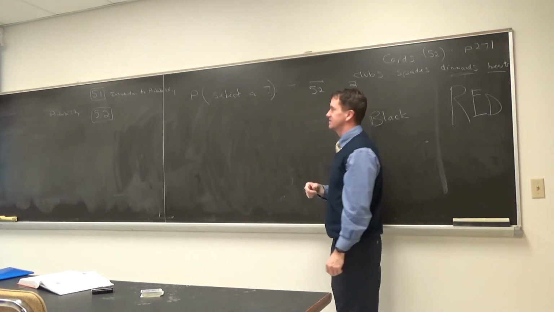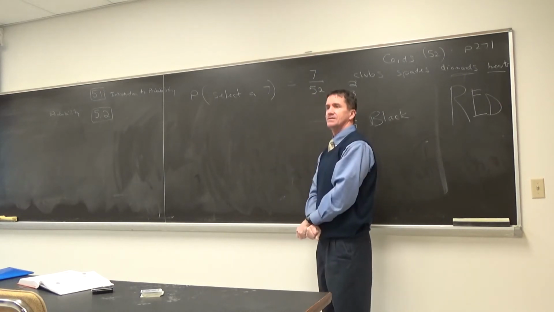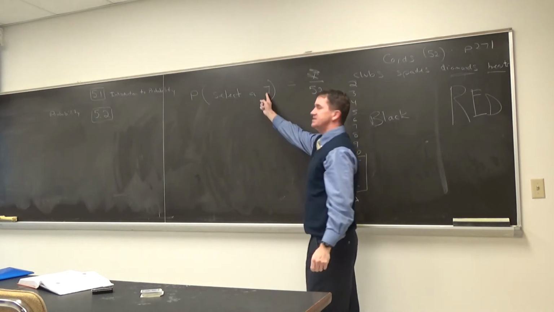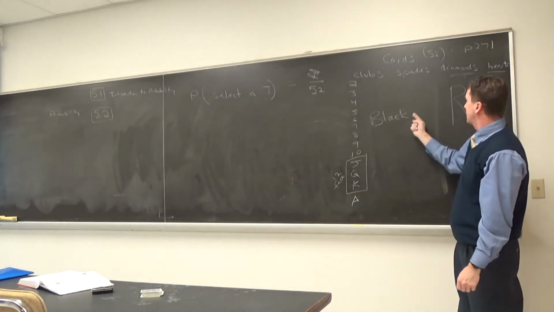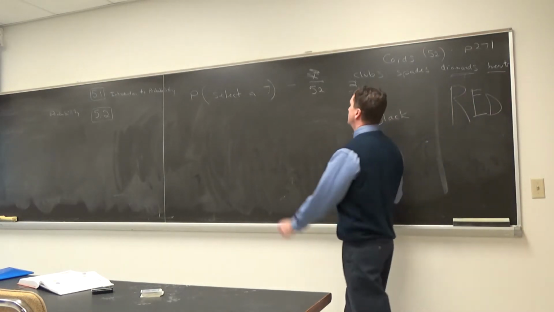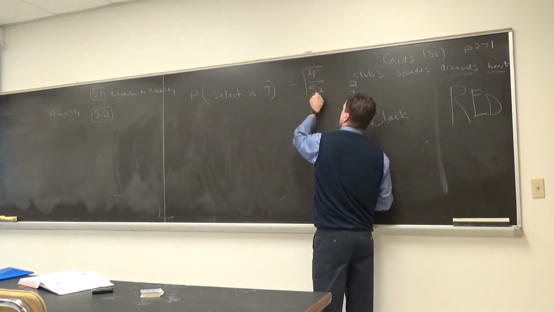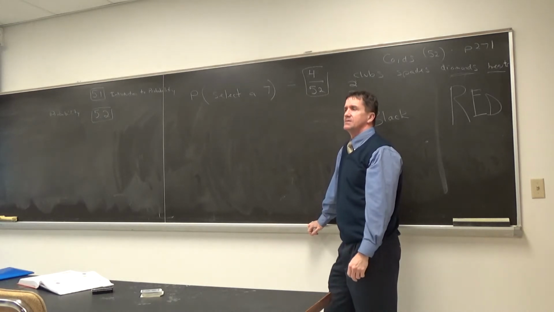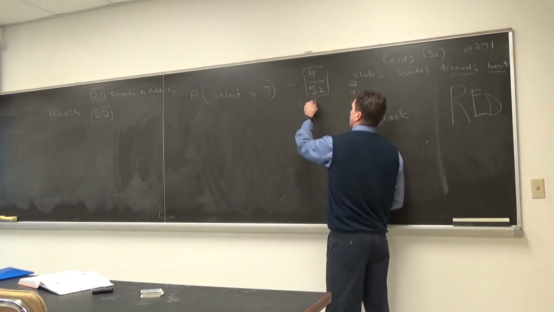You have to fix this, because I get this on tests. Okay, 7 out of 52. That's not right, is it? Let me get that out of the way. How many 7s are there in the deck? We've got a 7 of clubs, 7 of spades, a 7 of diamonds, and a 7 of hearts. There are 4 7s in the deck. Let me fix that: 4 out of 52. That's a nice answer, although a lot of you probably want to reduce that. You can reduce 4/52 to 1/13.